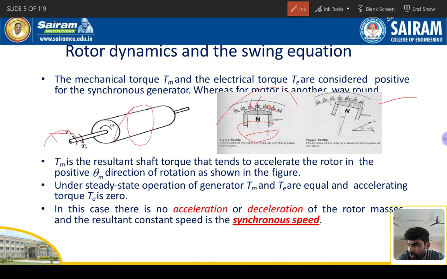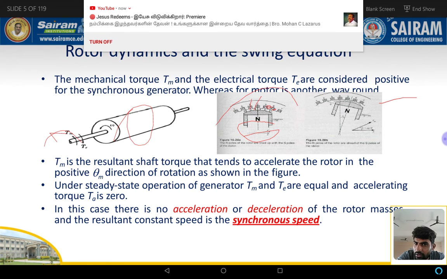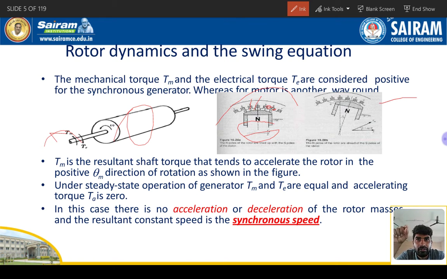I told you, right, while solving problems, if the mechanical torque of the motor is, say, 70 point something, definitely we will get the electrical torque as, say, 75 point something, and the mechanical torque will also be 75 point something.